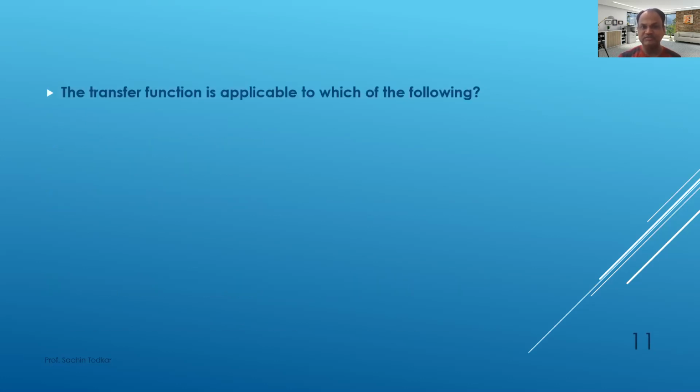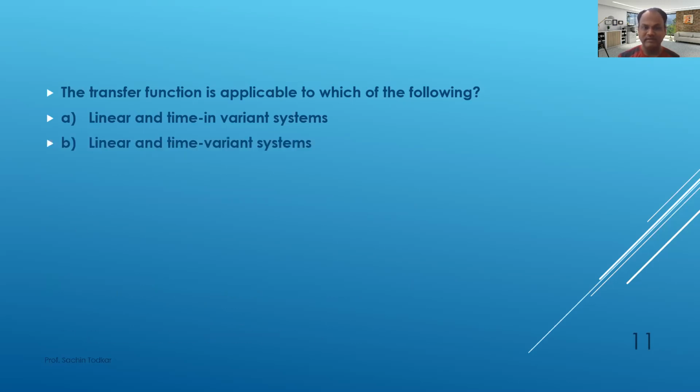The transfer function is applicable to which of the following? Linear and time invariant system, linear and time variant system, linear system, or non-linear system. Here, the first and second differ by only one word, time variant or time invariant.